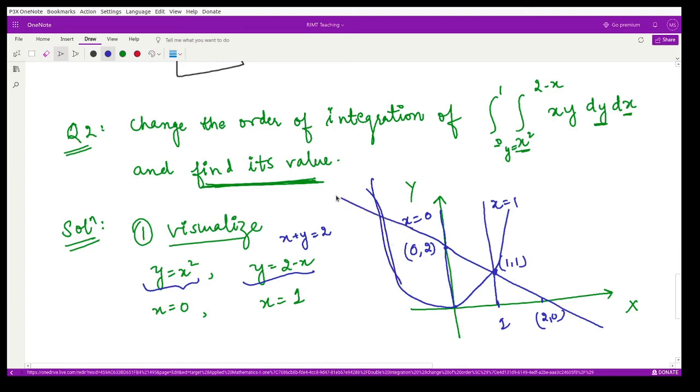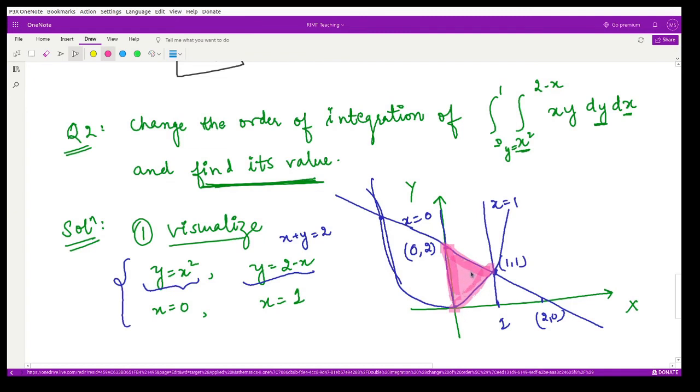Here also you can compute the values, but this point is not required. Why? Because our region is bounded only by these 4 lines. So what would be your region? Your region in this case would be bounded by this particular curve, and this line, this line, and this line. So obviously your region is this particular region.